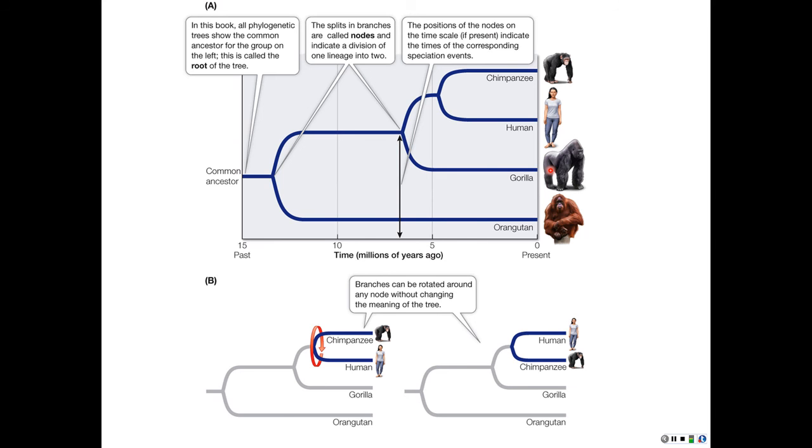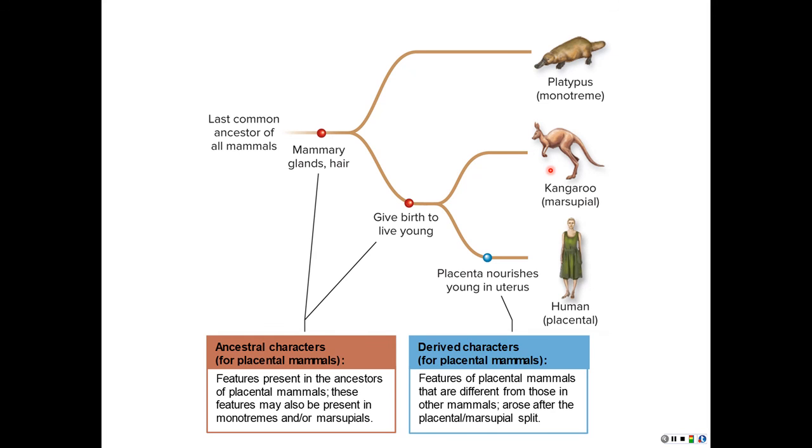And we would refer to these as homologous traits. So homologous traits reveal homology, which is similarity between features due to common descent.